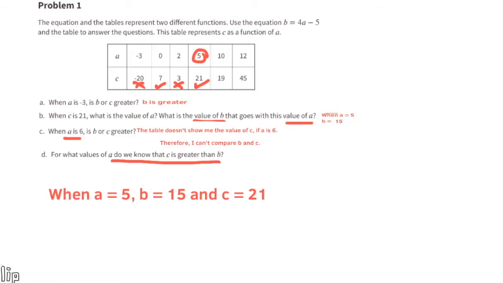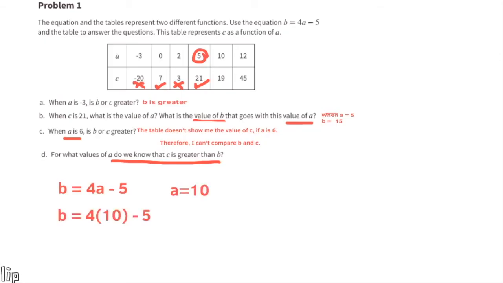Let's look at the next one. Let's substitute the 10 for a, and we have 4 times 10, which is 40. 40 minus 5 is 35. When a is 10, b is 35, and c is 19. So c is not greater than b when a is 10. Let's look at the last one.